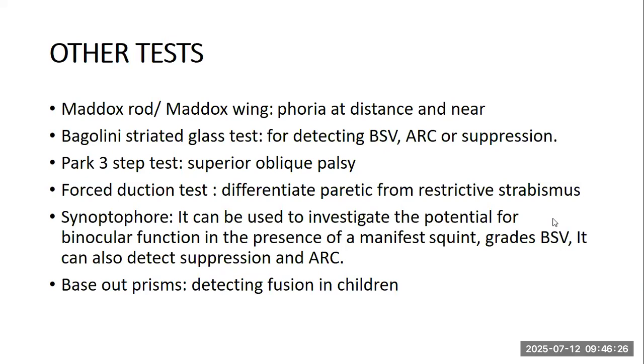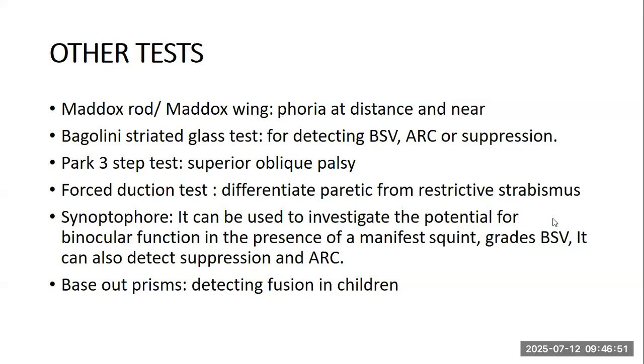All right. So basal prism tests are also used to detect fusion in children. In this case, you put a basal prism before one eye. If, for instance, you're putting the basal prism in front of the right eye, it causes the right eye to deviate towards the left. And based on Hering's law, the left eye will join it to deviate towards the left.